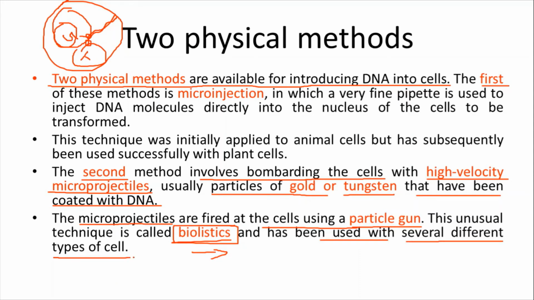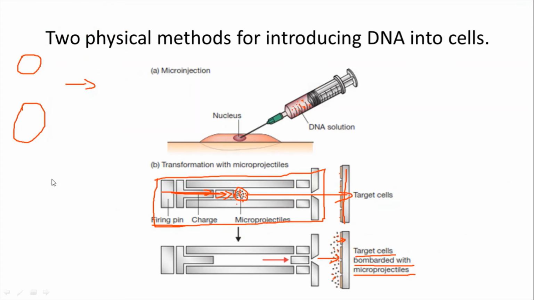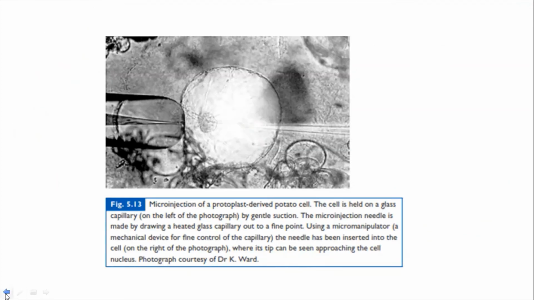Okay, this is an image I mentioned here. This is a single potato cell. The microinjection method transfers the DNA into the protoplast, derived from a potato cell. Here is a glass capillary tube, used for holding the single cell.